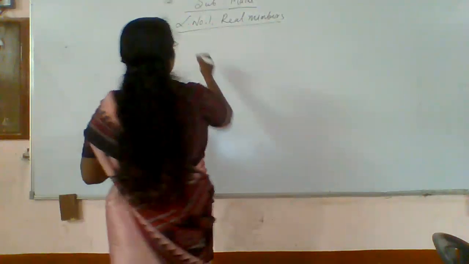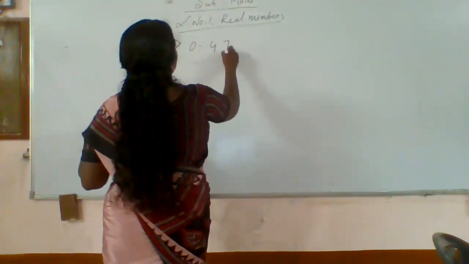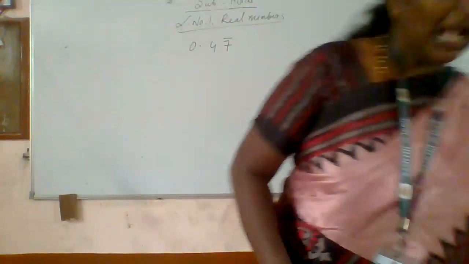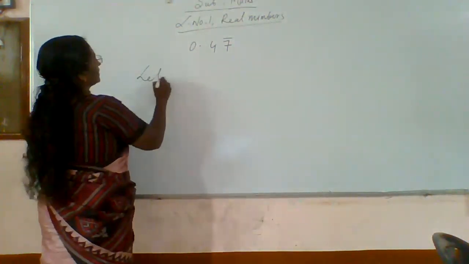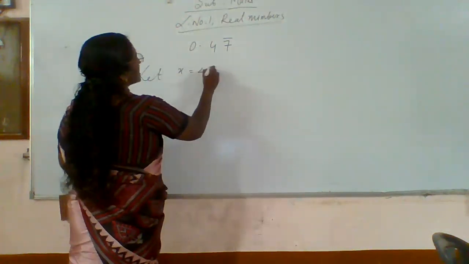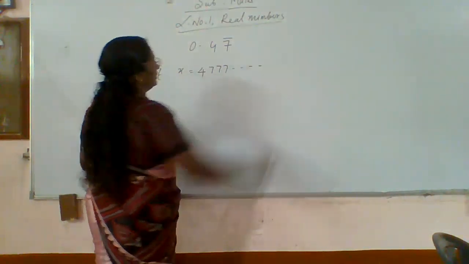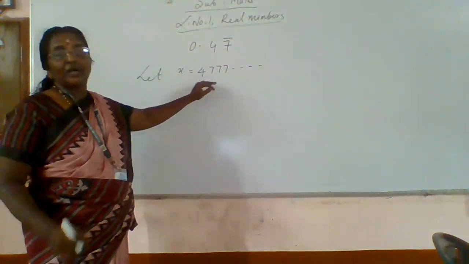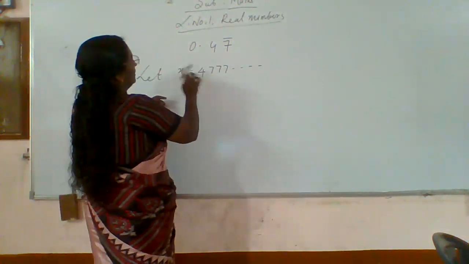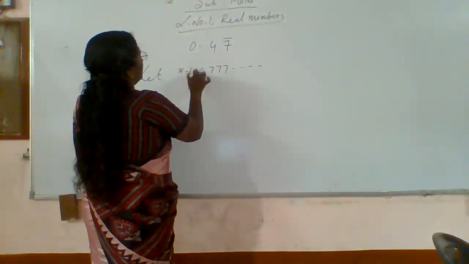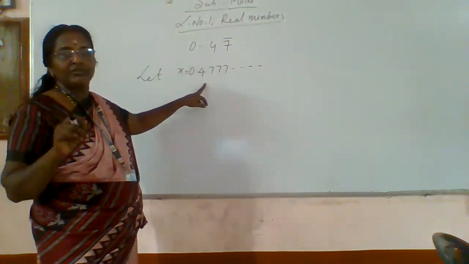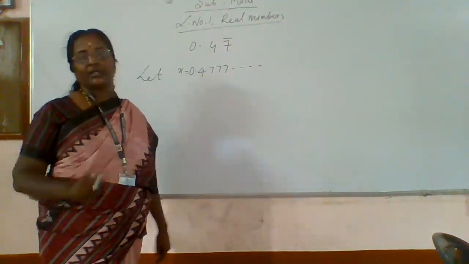Second question is 0.47 bar. Here which digit is repeating? Only 1 digit is repeating, and the first digit is not repeating. So this is different. Let x is equal to 0.4777 etc. Here all the digits are not repeating, therefore we are not giving it as equation number 1.